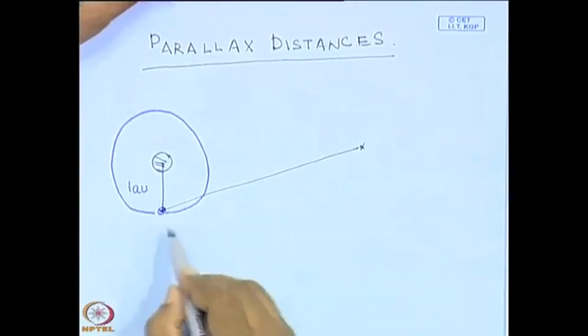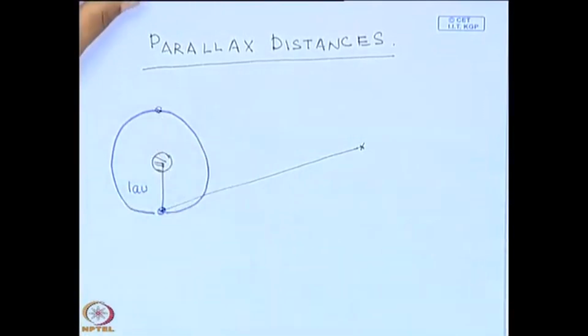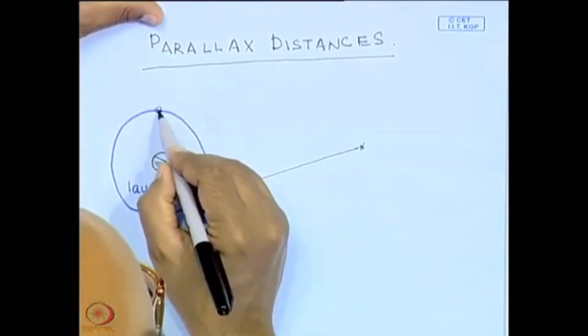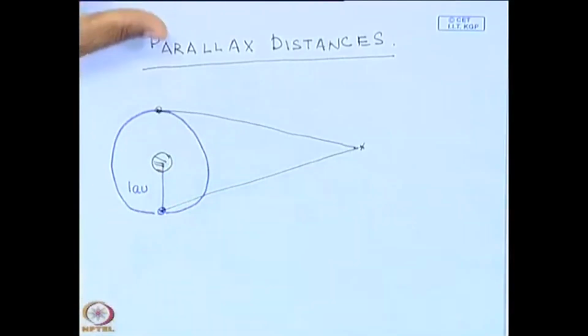Then the angular position of the same star would have changed 6 months later. Now, the question is, how does one measure this change?